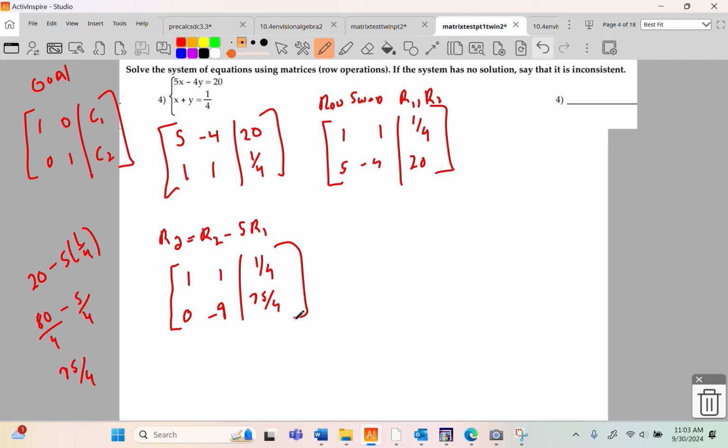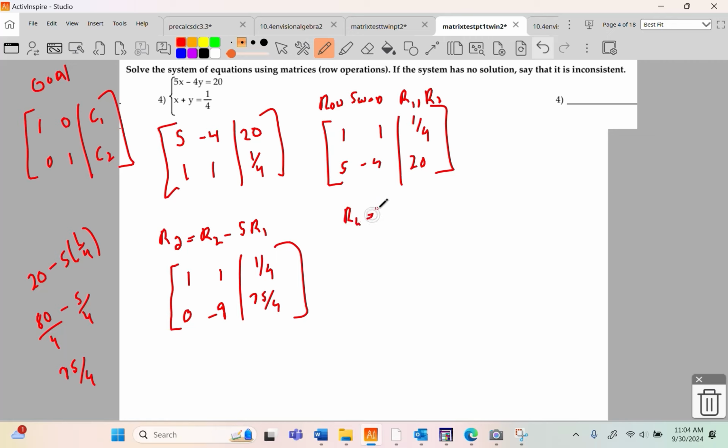All right. And here's where it starts getting ugly. It starts getting really ugly, doesn't it? Anyways, the next move is to make this a 1.